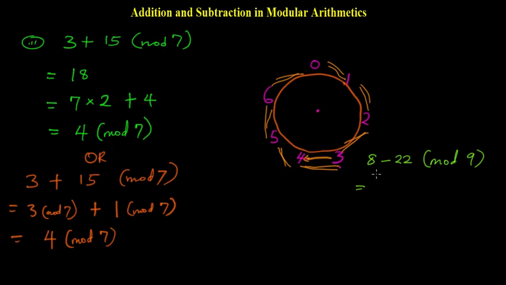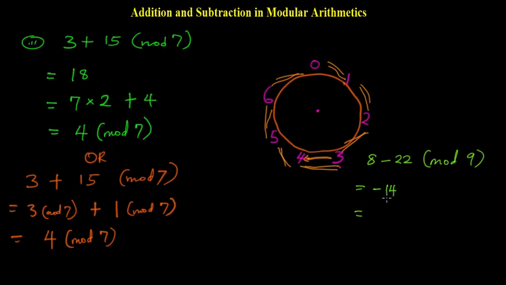If you subtract 22 from 8, that will give us minus 14. And in modular arithmetic, we can have a negative number. We can have a negative integer.